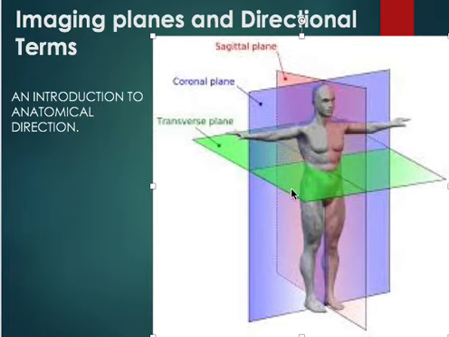The transverse plane, which can also be referred to as the axial or horizontal plane, is cutting the body into superior and inferior portions or top and bottom portions. It's cutting the body in half, just like a horizontal plane, like the horizon, it's going across.